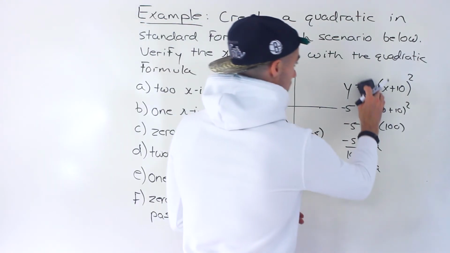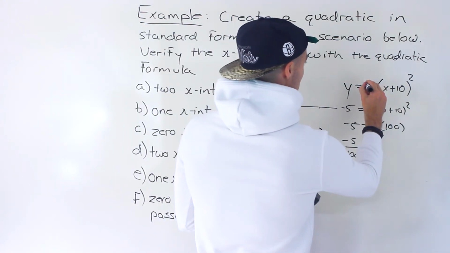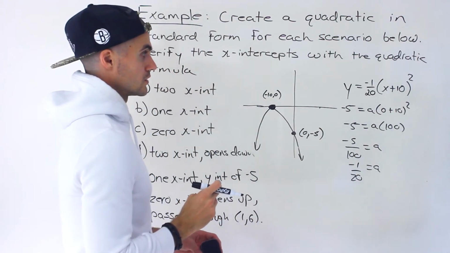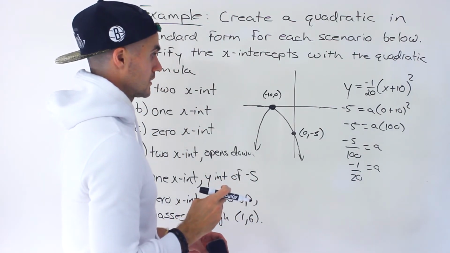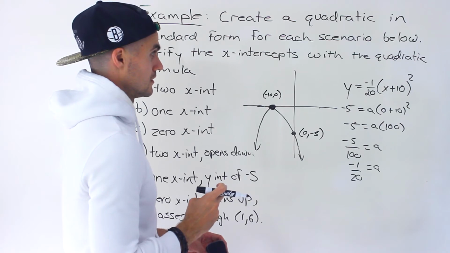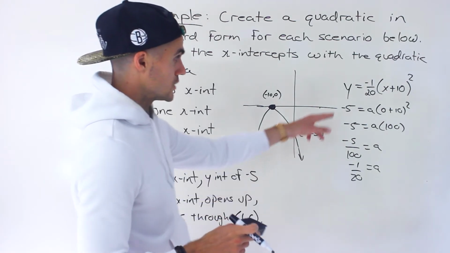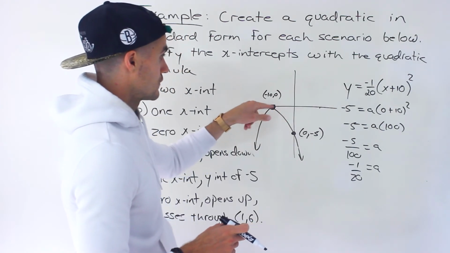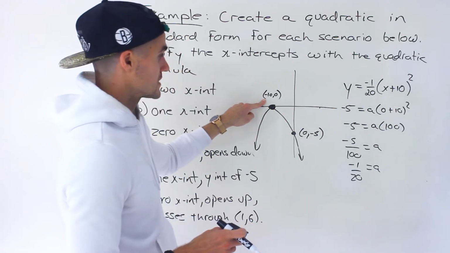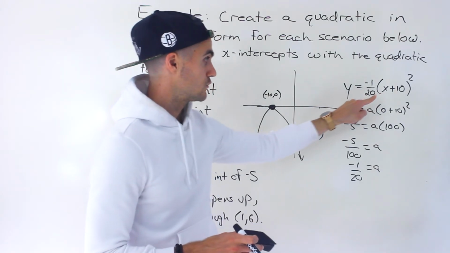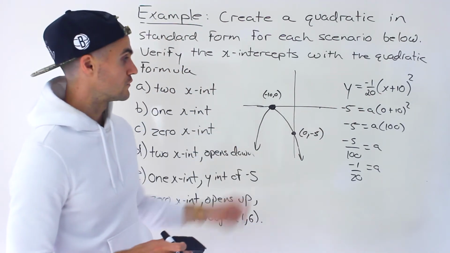Okay, so this here would be -1 over 20. Yes, -1 over 20, like that. Okay, so this quadratic here, it's going to have one x-intercept at -10. It's also going to have a y-intercept of -5. If you plug in 0 for x, you'd get a y value of -5.